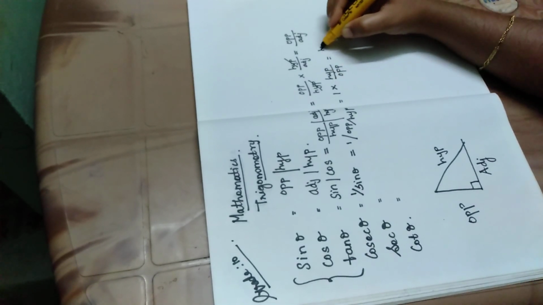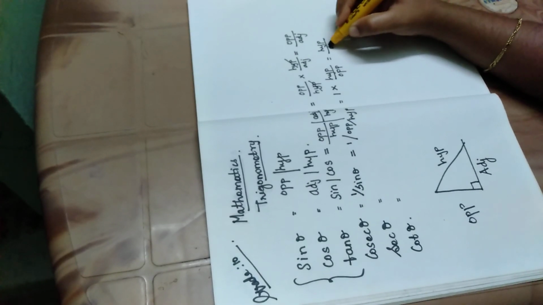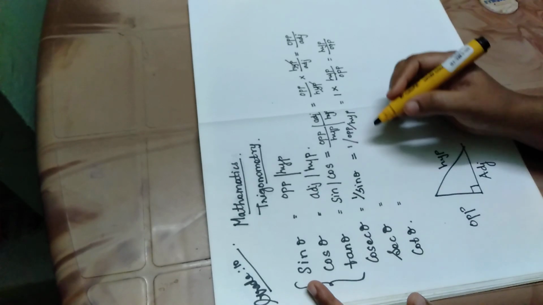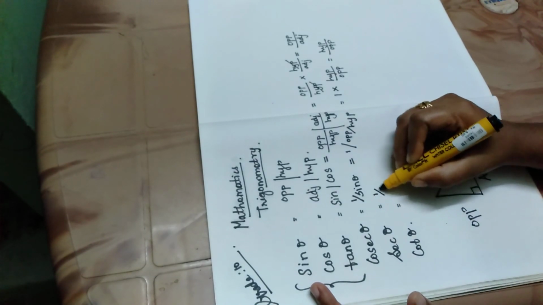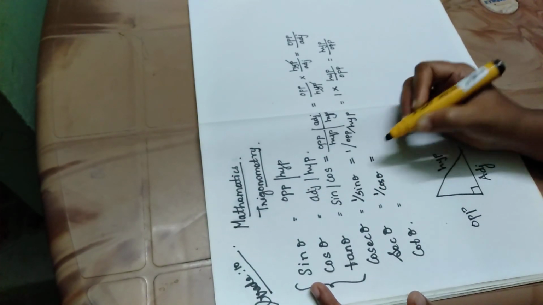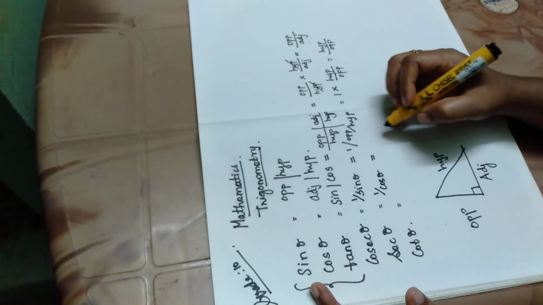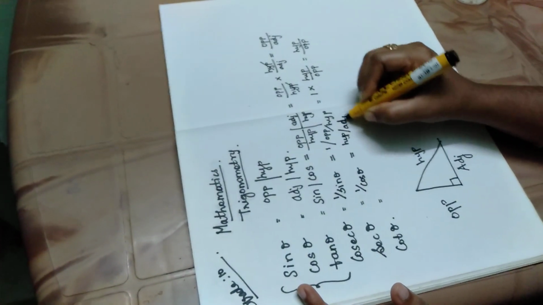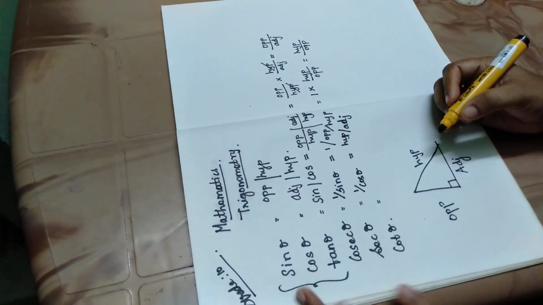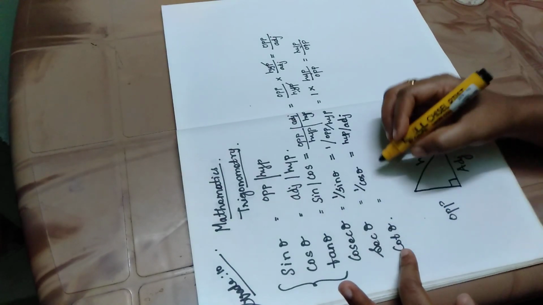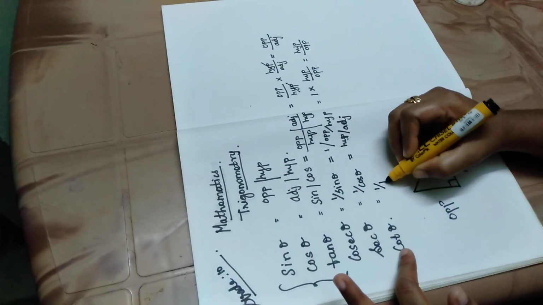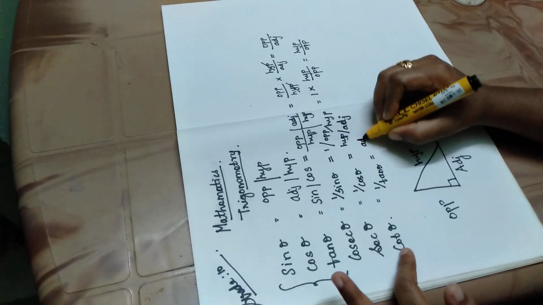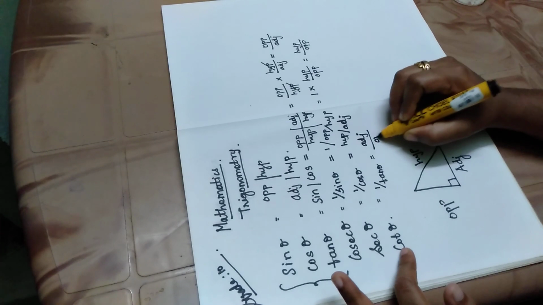It is just the reciprocal of sin theta. Secant theta means 1 divided by cos theta, the reciprocal of cos theta, that is hypotenuse divided by adjacent. Cot means 1 by tan theta, which is the reciprocal, adjacent side divided by opposite side.